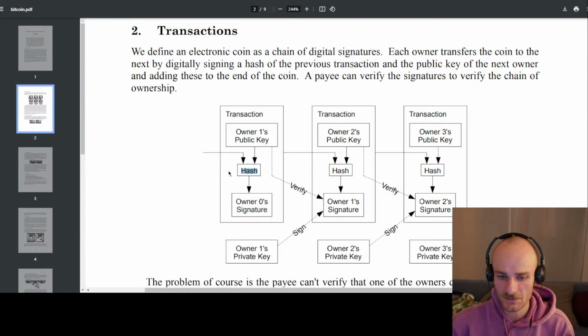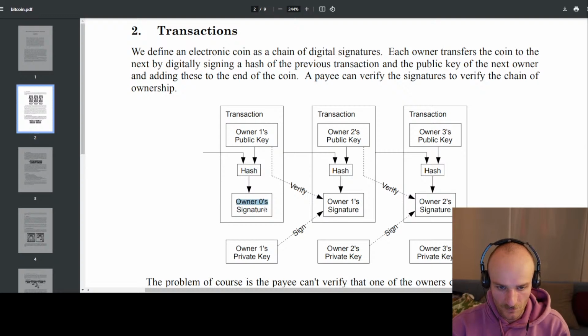Therefore, when you unhash this transaction with owner 1's public key, what you find is another riddle, another hash, which can be resolved only knowing the owner 0 public key. So you can verify this only knowing owner 0's public key.